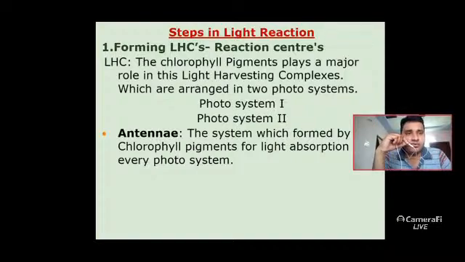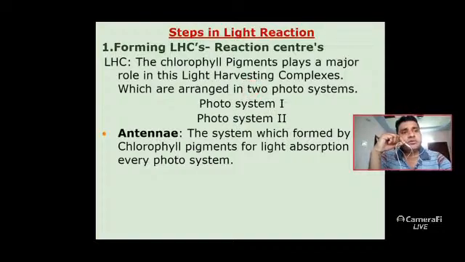So whenever red light falls on the leaves, that is called photosystem 1. This is photosystem 1 and this is photosystem 2. I will explain that in the coming slide. So you can understand what LHC, light harvesting complexes, means.